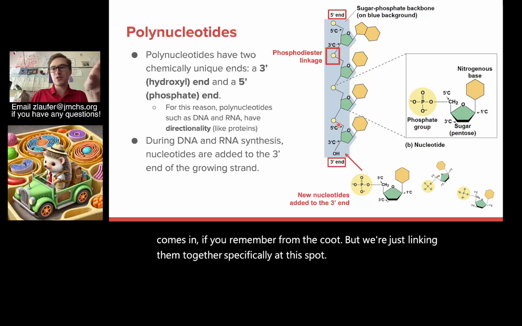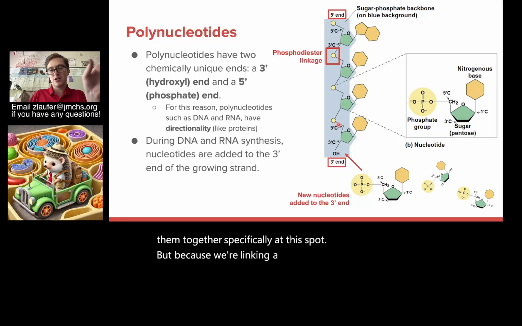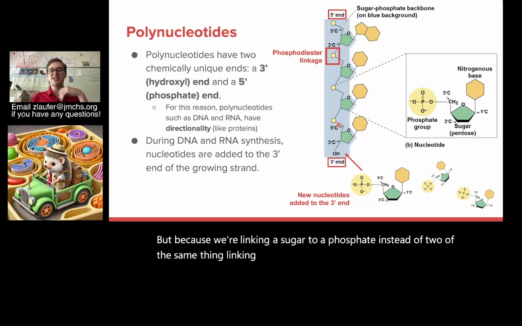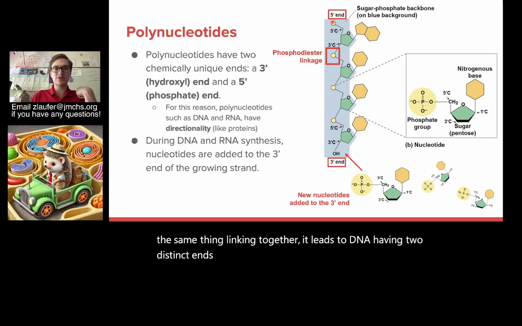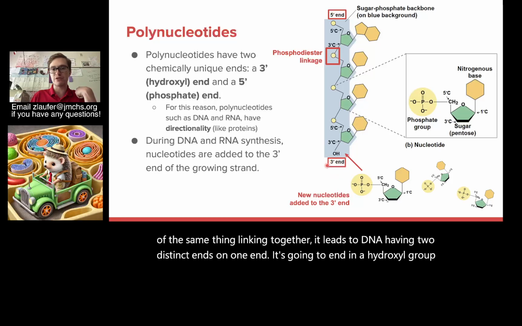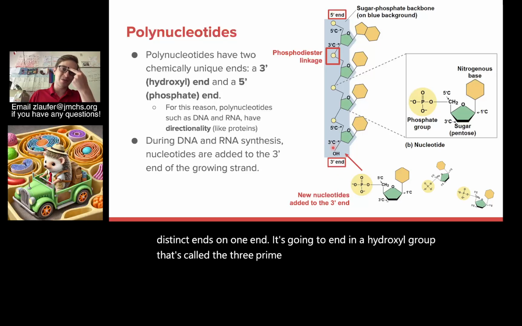Because we're linking a sugar to a phosphate instead of two of the same thing linking together, it leads to DNA having two distinct ends. On one end, it's going to end in a hydroxyl group. That's called the 3' end, because it ends on the 3rd carbon.